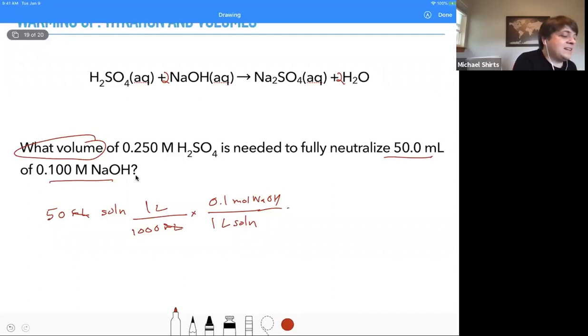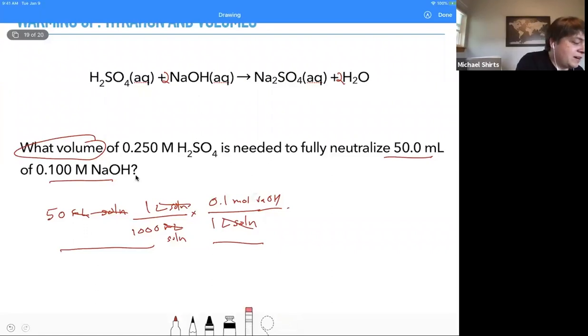And so we have a volume of solute times a concentration of solute. That's giving us an amount of base. All right, we cancel out this. Just being very explicit here, solution, milliliter solution, milliliter solution. And so this is a number of moles of sodium hydroxide.